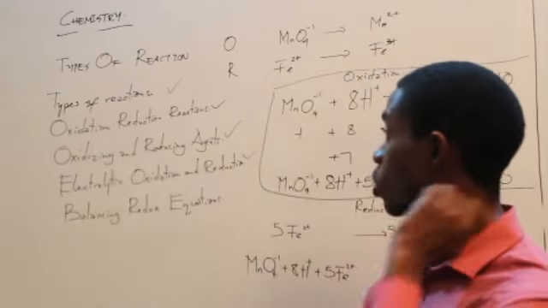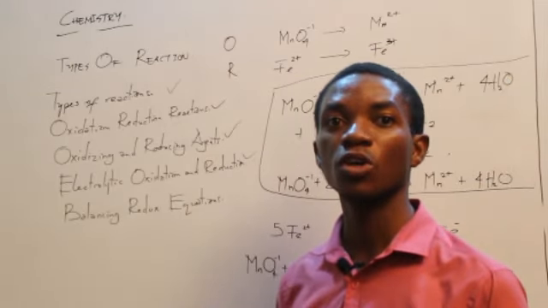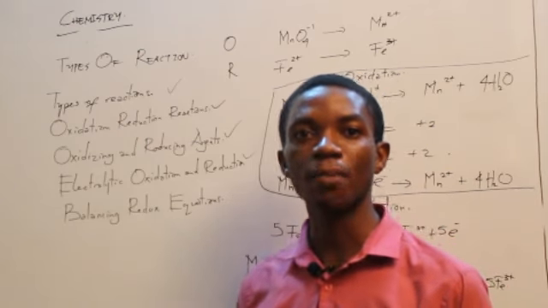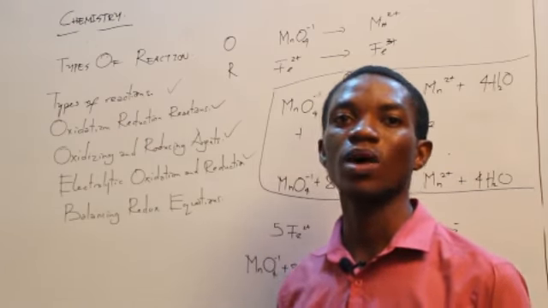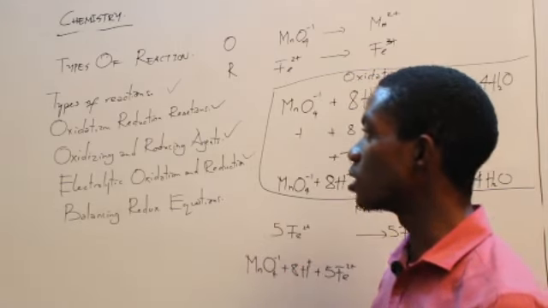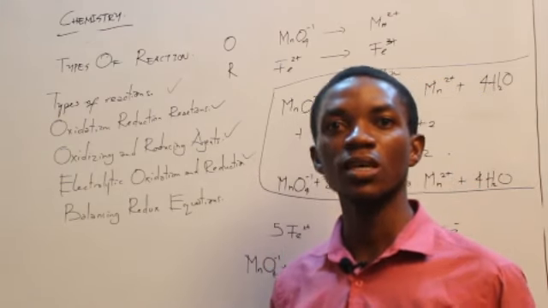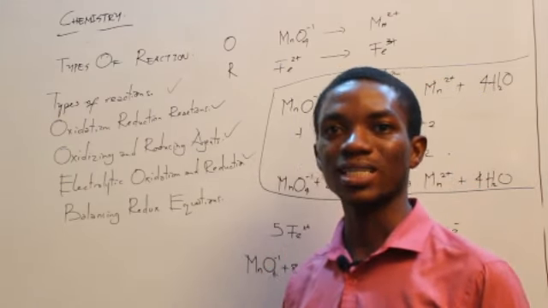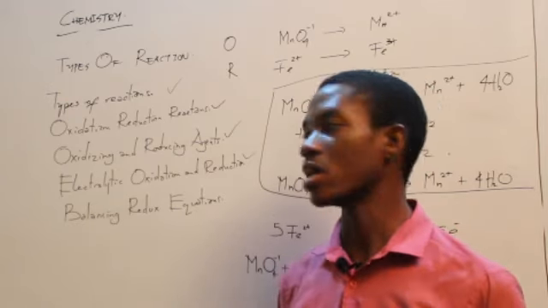We focused on the redox reaction, and that is the oxidation reduction reaction. We mentioned that they happen simultaneously. The oxidation occurs at one end while the reduction occurs at the other. We also looked at the reducing agents, and we said oxidizing agents are substances which accept electrons, while reducing agents are substances that give away electrons.